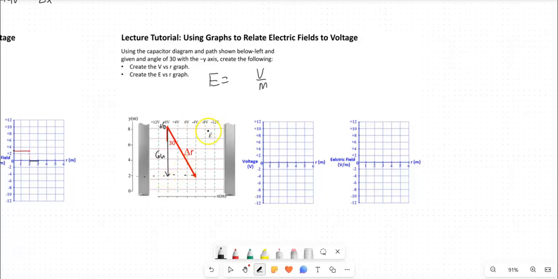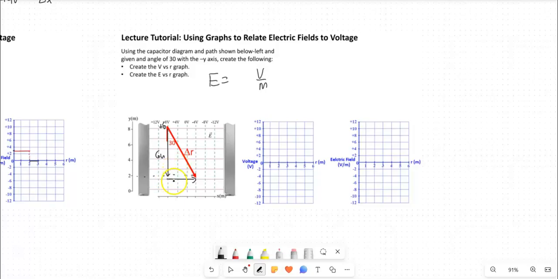Now, what we're going to have to do to figure this out is, if the path is this red path, and he's moving at an angle of 30 degrees to this y-axis, well, we need to figure out this distance right here, because this is the only part of the path that contributes to a change in voltage, right?